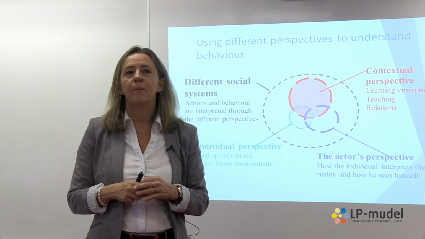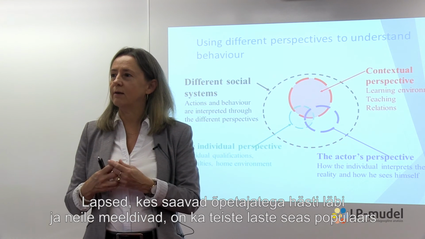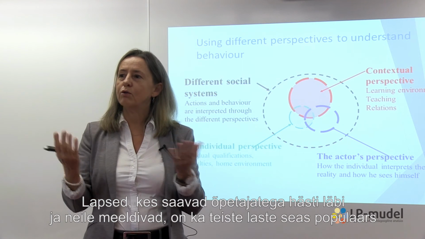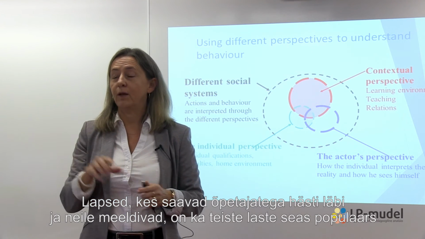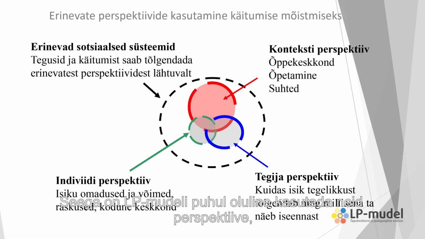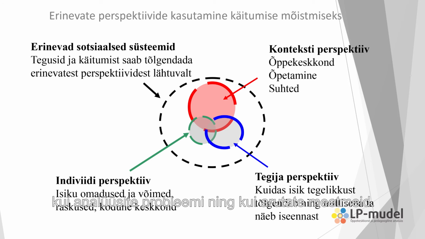Children who have good relations to their teachers and who are liked by their teachers are also more popular among the other children. So these perspectives are important in this model, to use them when you are analyzing the problem and also when you are discussing measures.